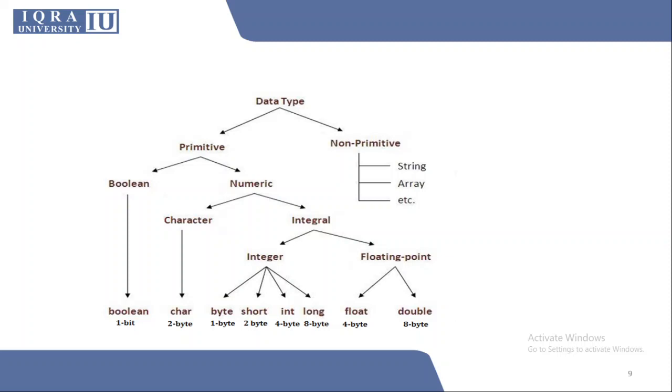In numeric, we have two categories: character and integral. For the character data type, we have the keyword char. In integral, we have two further categories: integer and floating point. In integer, we have 4 types: byte, short, int, long, depending upon our input size.